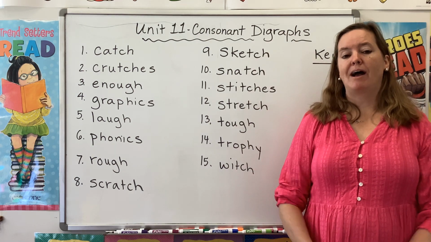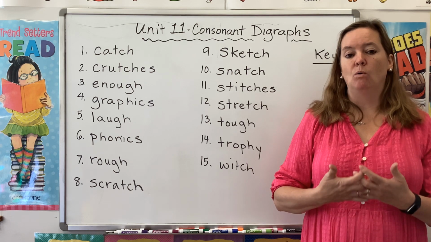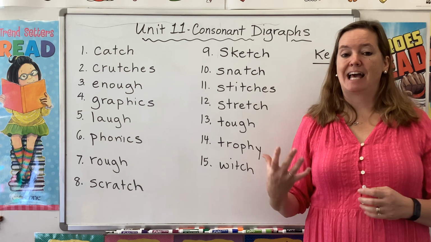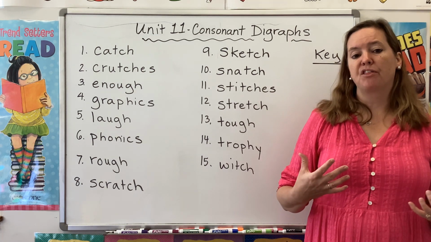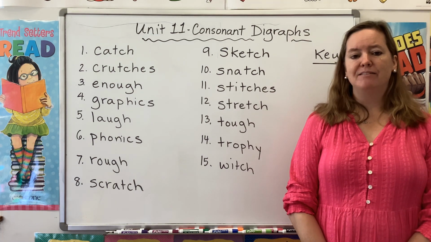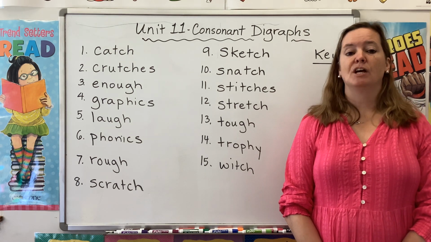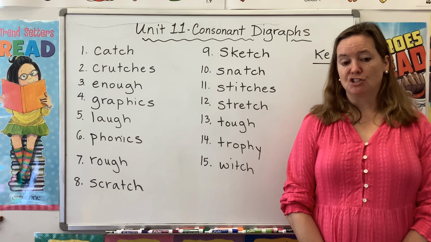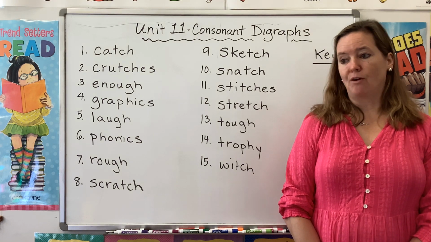Remember, a digraph takes two letters and puts them together to make a whole new sound. So for instance, SH says sh and TH says th. Now I know you're already very comfortable with digraphs like SH, TH, and CH. So this week I want to introduce a couple new digraphs to you.